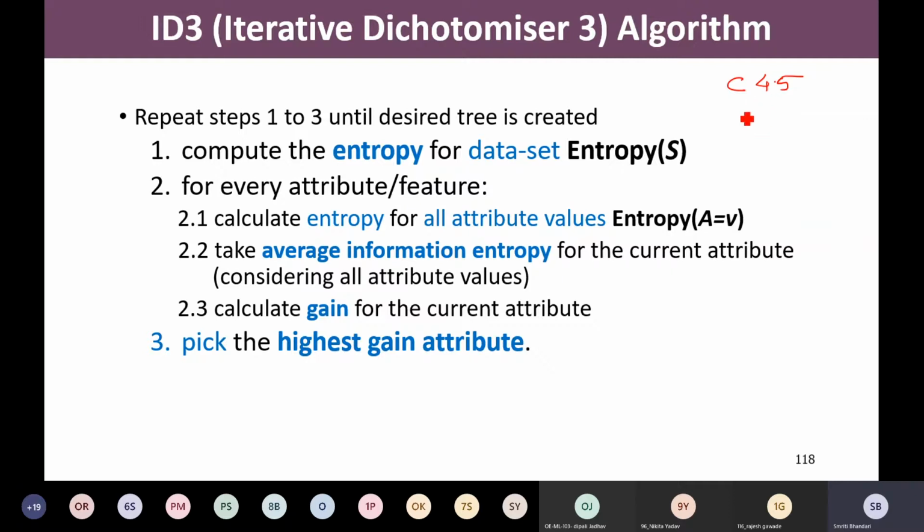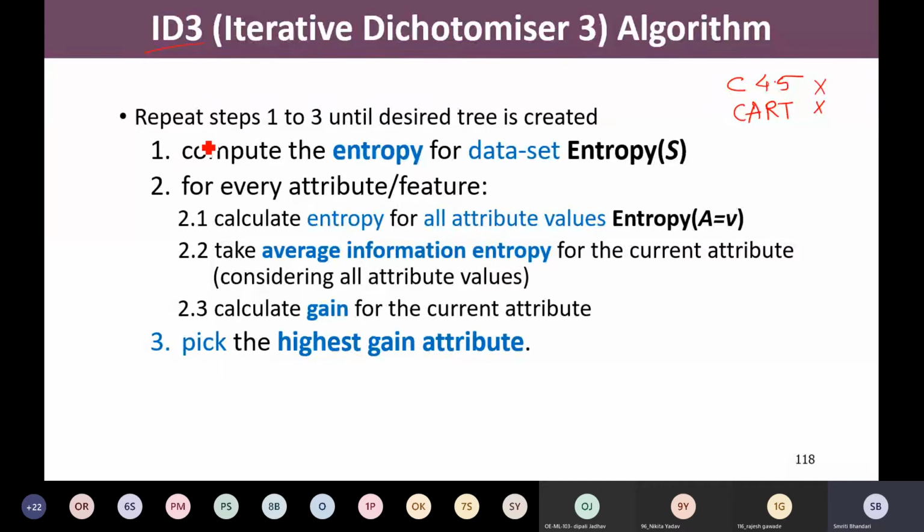And also we have one more algorithm, the classification and regression tree algorithm, the CART algorithm. In this course, we are not going to look at these algorithms, but we'll be focusing upon the basic ID3 algorithm that has been popularly used.